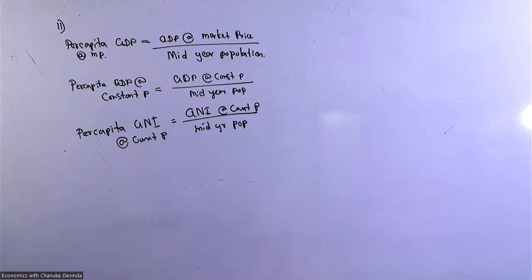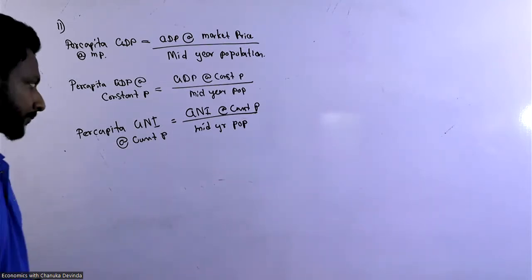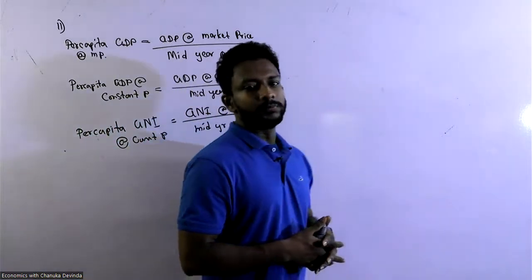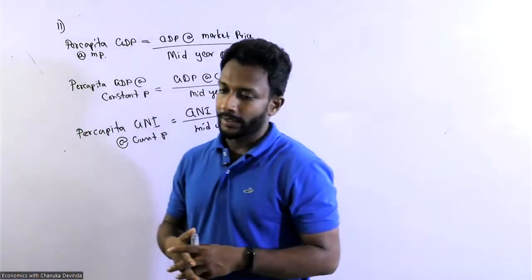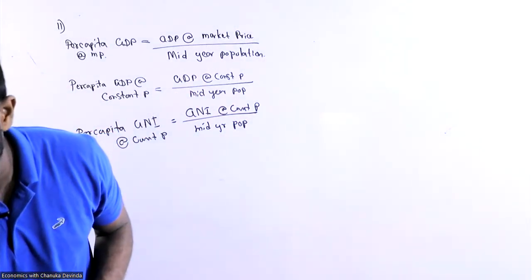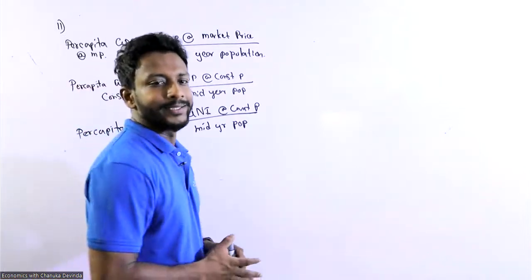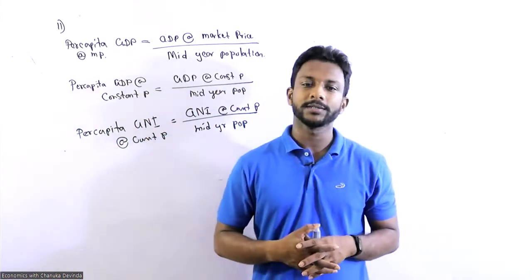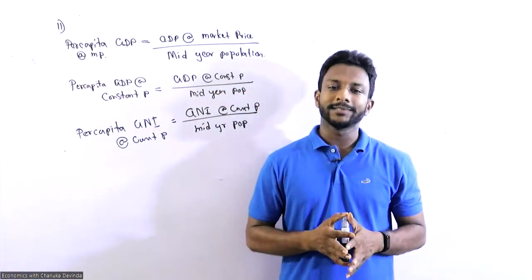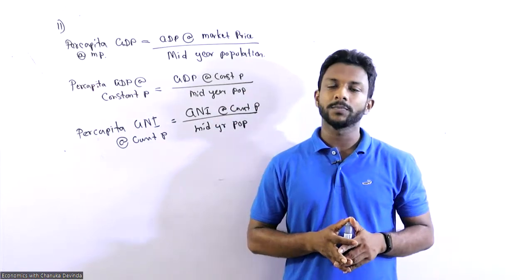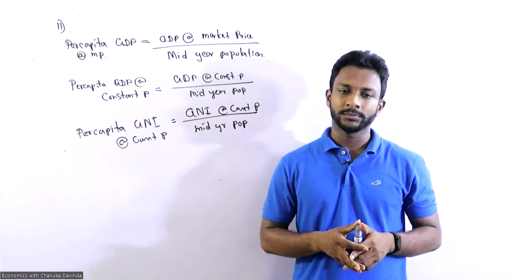Right. What's the next one? In a given year, the gross domestic product at current price of a country has increased by 14.1.